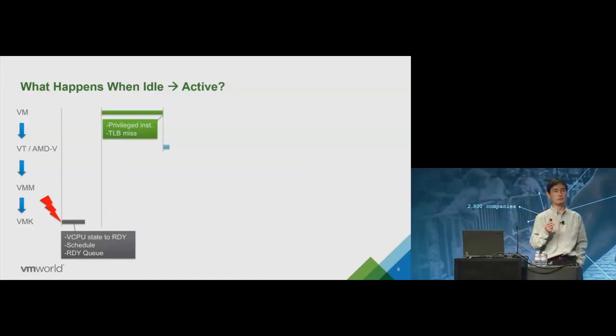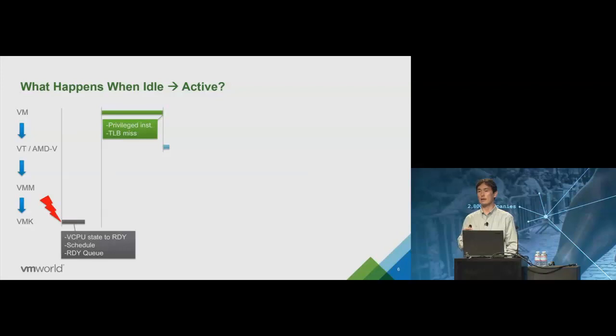We have a very technical audience. So TLB, briefly, stands for Translation Lookaside Buffer. You can consider it a small cache on the processor that remembers the mapping from linear address to machine address or physical address.